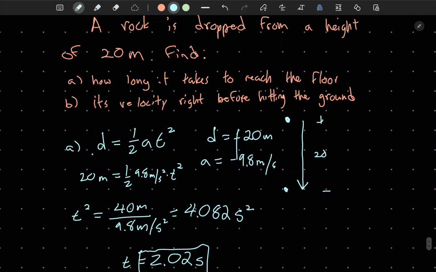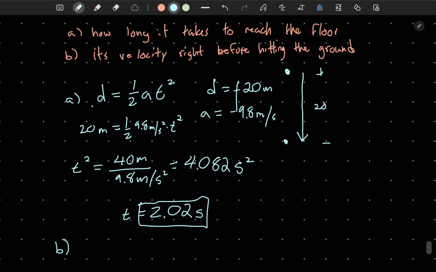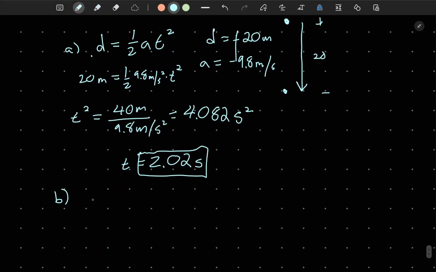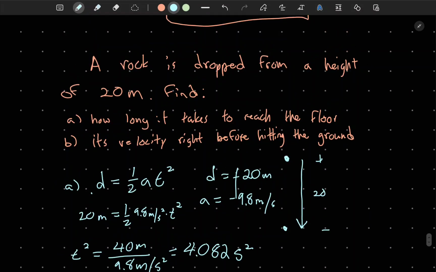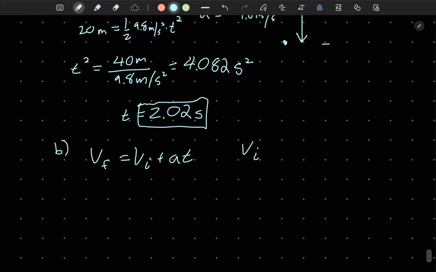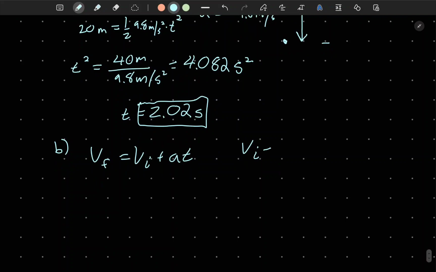Part B is asking, find its velocity right before hitting the ground. Well, we remember that final velocity is equal to initial velocity plus a times t, right? And what's convenient is, since it was dropped from rest, I should have mentioned this, we know that v initial is 0. So we can conclude that v final is equal to acceleration times time.